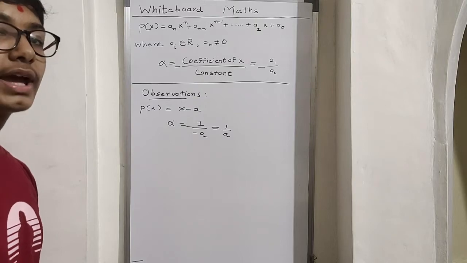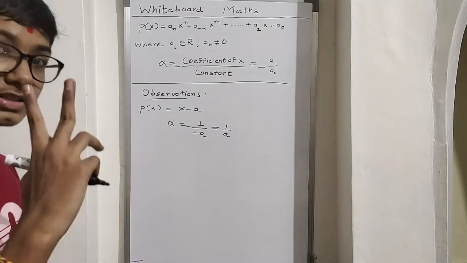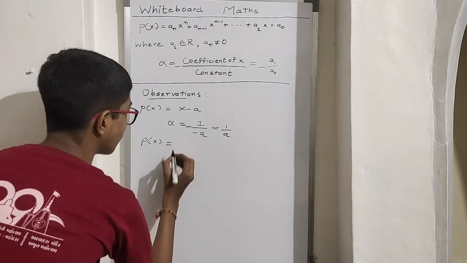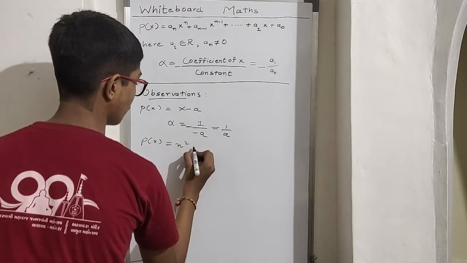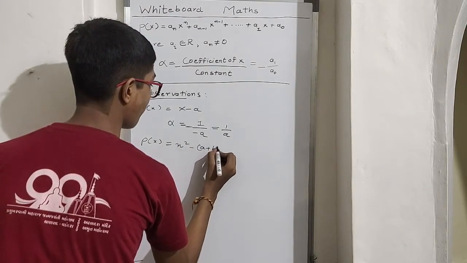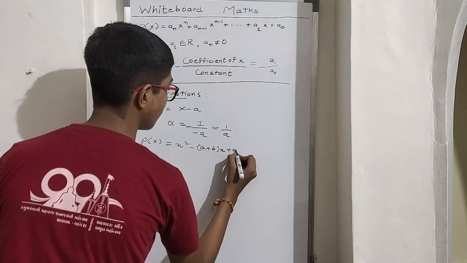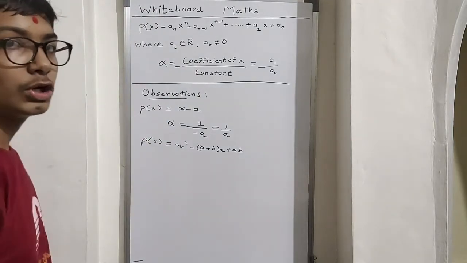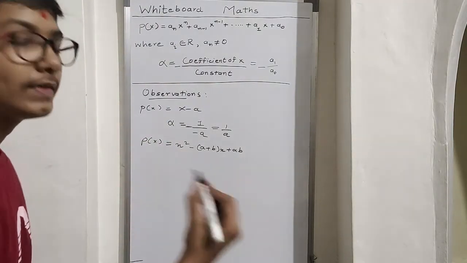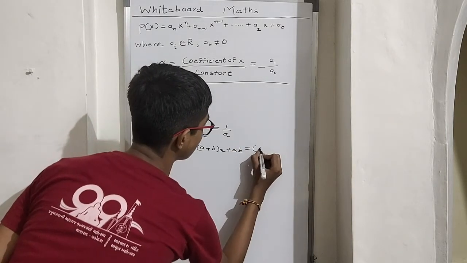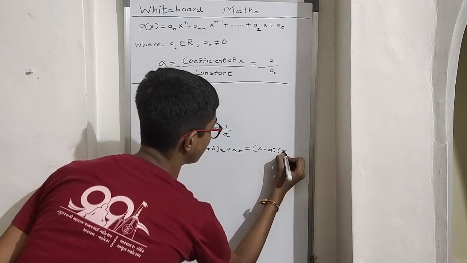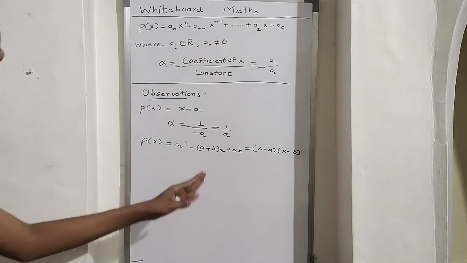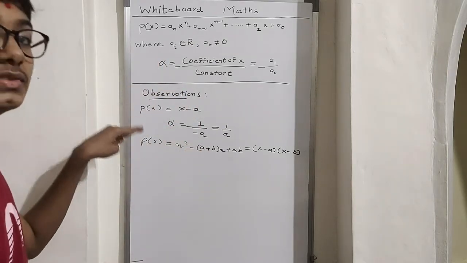Now we take a look at a general case of a second degree polynomial. This is the general case of a second degree polynomial, and this polynomial can be factored like this. Now we will check the value of alpha in this case.